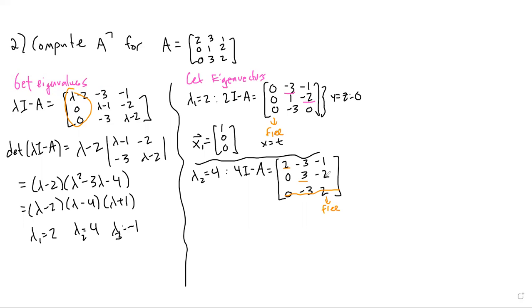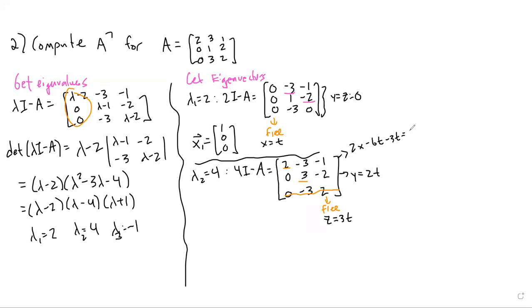So just because of the numbers that are there, I'm going to let z be 3t. And then if I work my way back, this is going to give me y is 2t. And then just working back again, what I get is that 2x minus 6t minus 3t is 0.